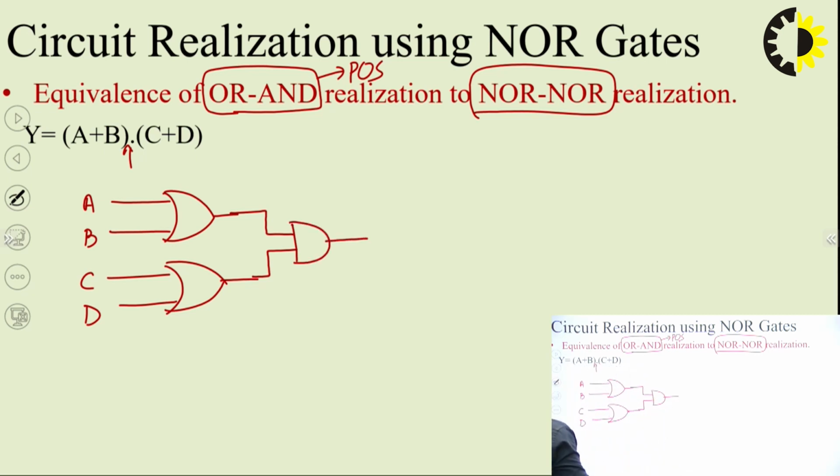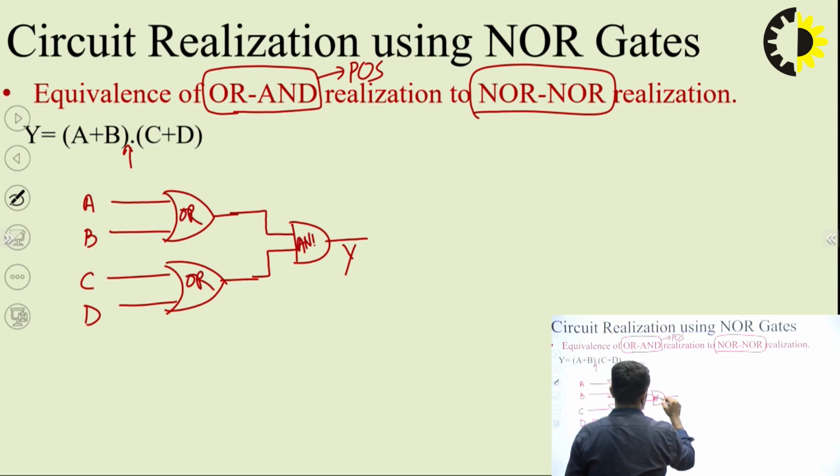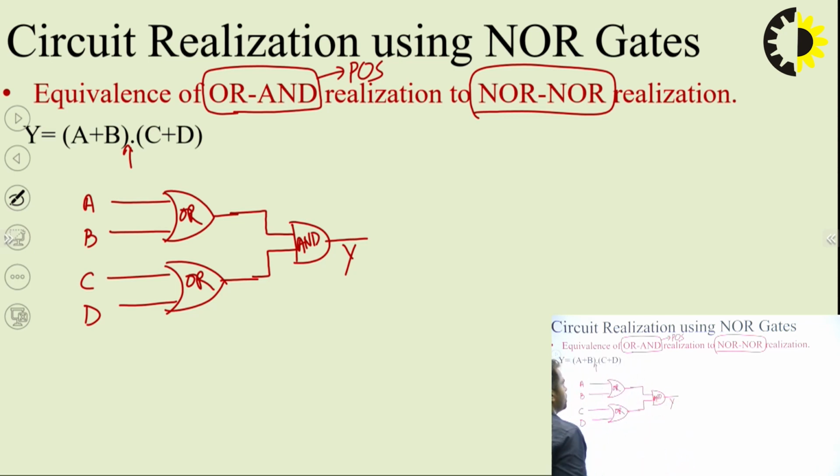Okay. So this is Y. So this is OR, and this is AND. This OR-AND expression can be simply realized using NOR gates by replacing all gates with NOR gates.